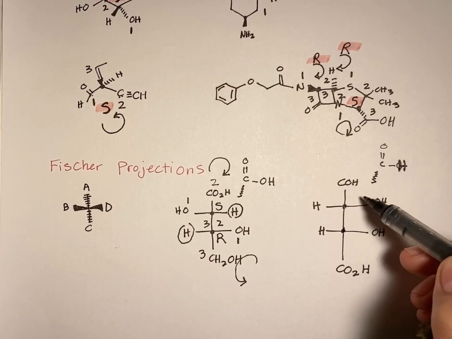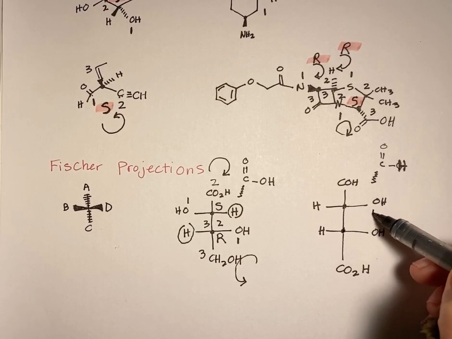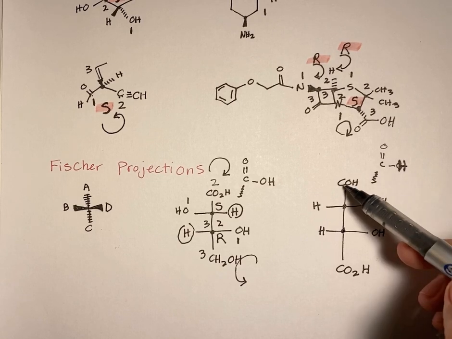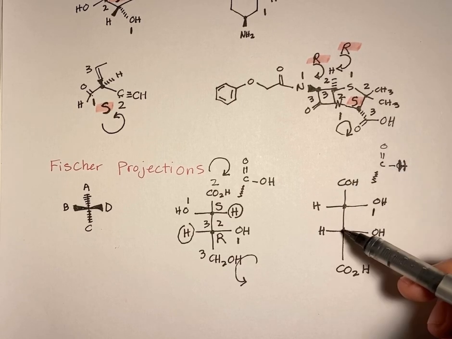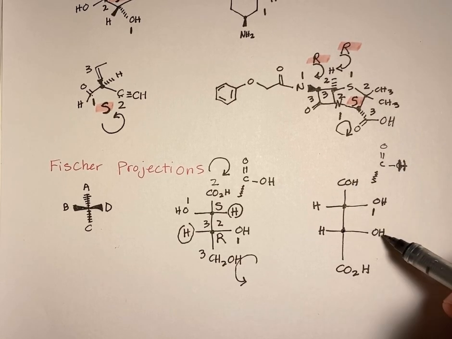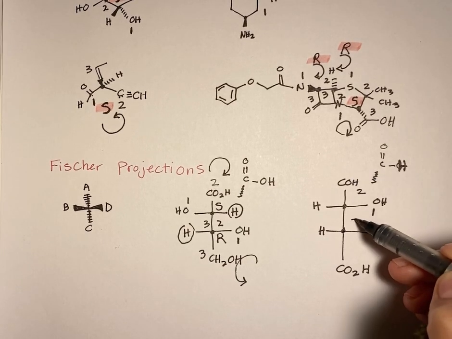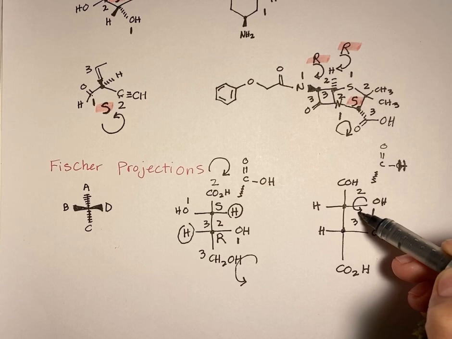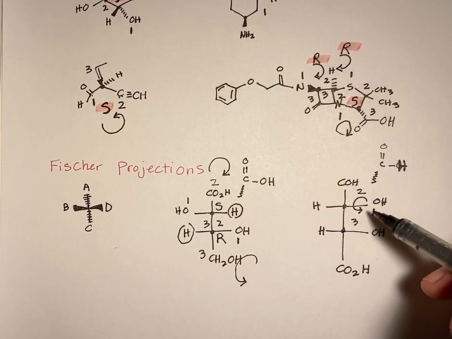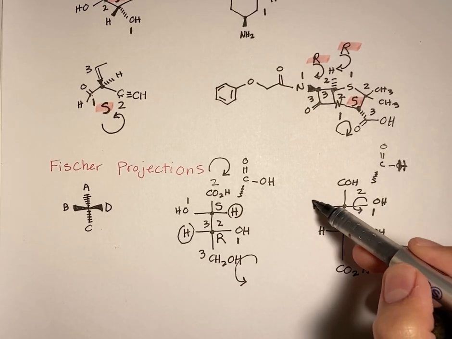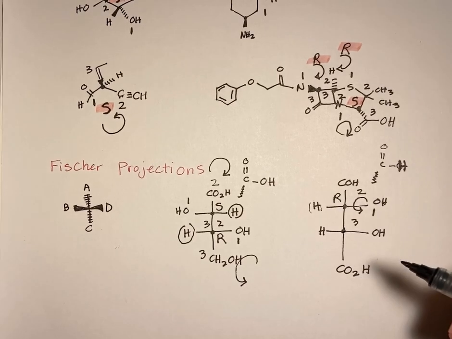For the one on the top, we have OH, gets the first priority. Here, comparing the C double bonded to O, here we have C, single bonded to oxygen. Therefore, the one on the top gets the second priority, then the third goes like this. Looks like S because it's counterclockwise, but hydrogen in the front, so it's R.